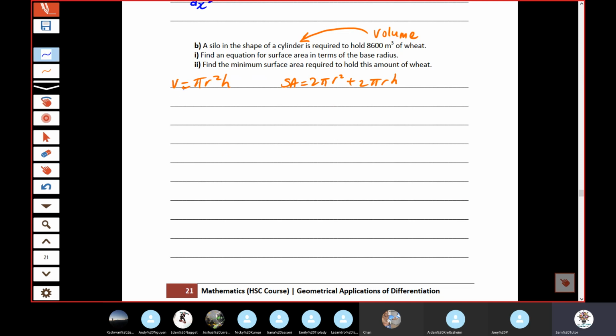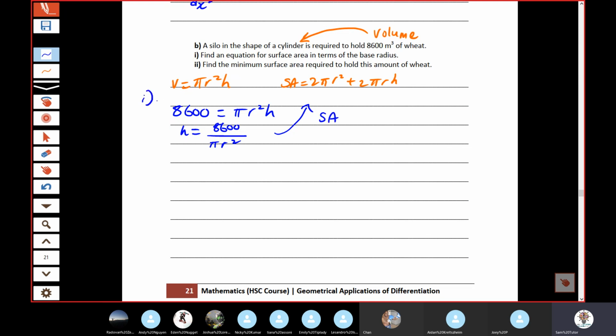All right. So volume's given, 8,600 equals pi r squared h. Isn't it? So what does h equal to? 8,600 on pi r squared. Good job. And then sub it in, and you're done.